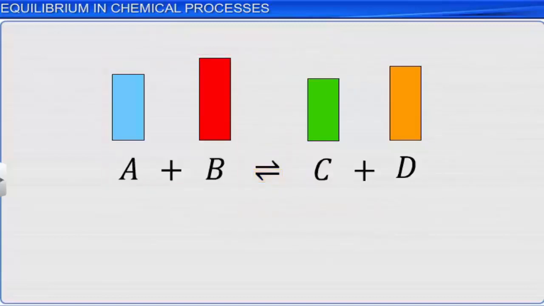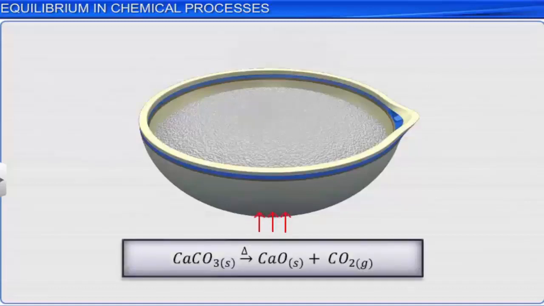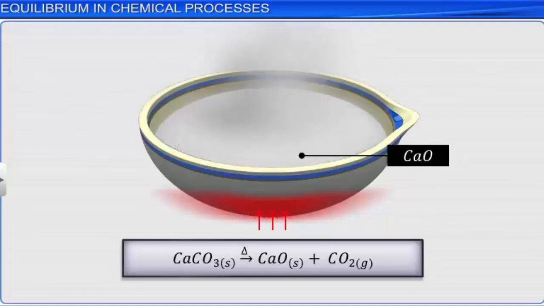Depending on the chemical nature of the products and the reaction conditions, the products formed may or may not react to give the initial substances. Let's take the example of the decomposition of calcium carbonate to demonstrate a reversible reaction. When calcium carbonate is heated strongly, it decomposes to form calcium oxide and carbon dioxide gas.